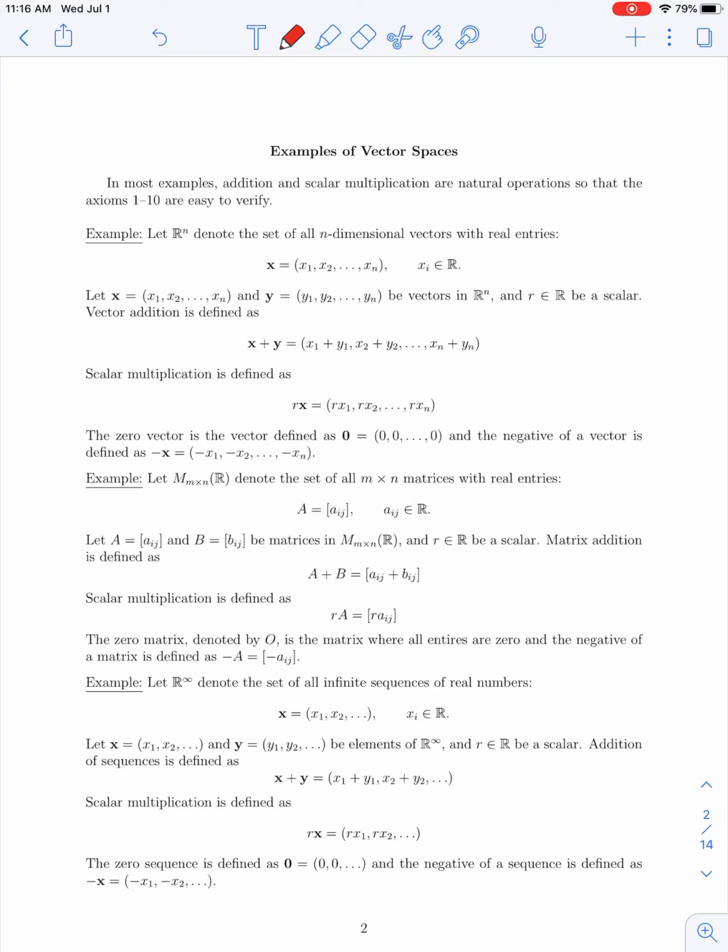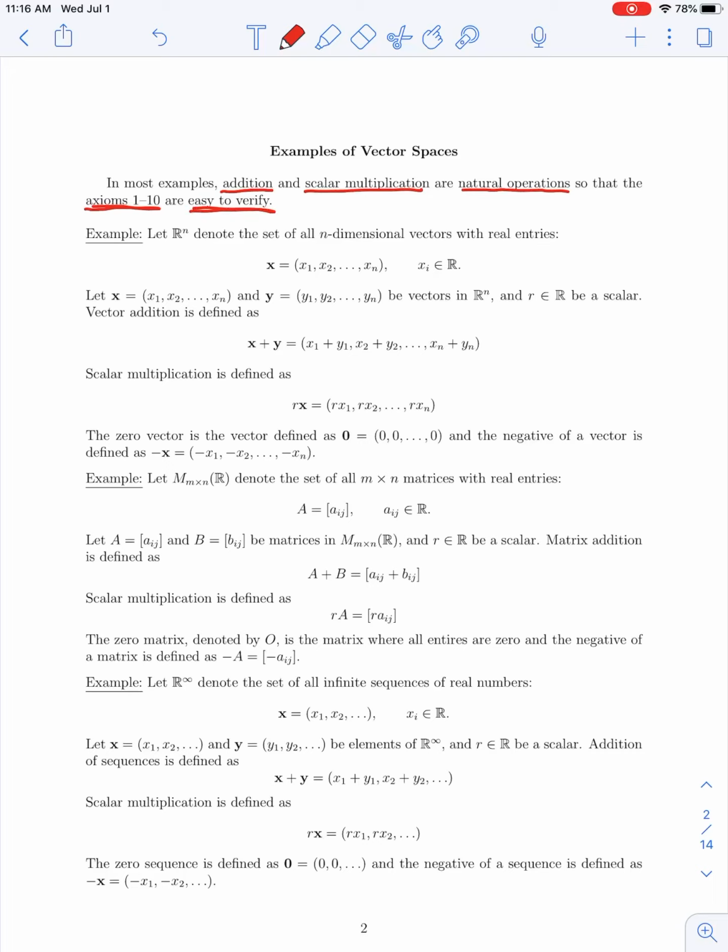All right. So now that we've defined a vector space formally, let's look at some standard examples for vector spaces that we'll use throughout this chapter and the remainder of the course. And in the majority of examples that we'll consider in our course, the addition and scalar multiplication operations are natural operations that we would consider on our set, such that the axioms 1 through 10 are easy to verify.